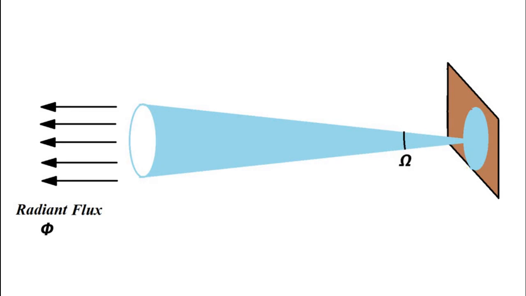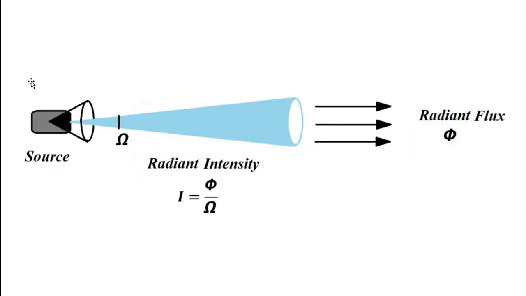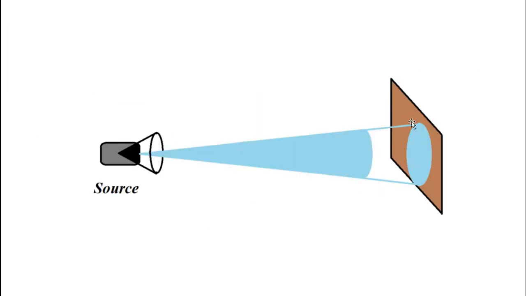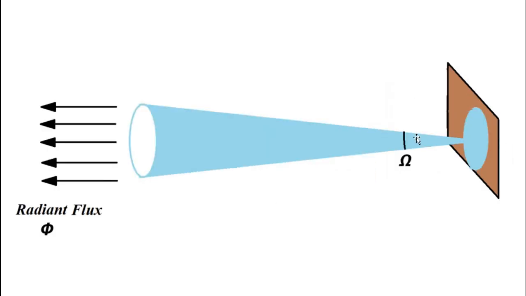Let us try to understand again. First, radiant flux is focused in a particular direction, it falls on a surface of a certain known area, then the portion of the radiant flux which is reflected back per unit solid angle gives us radiance.